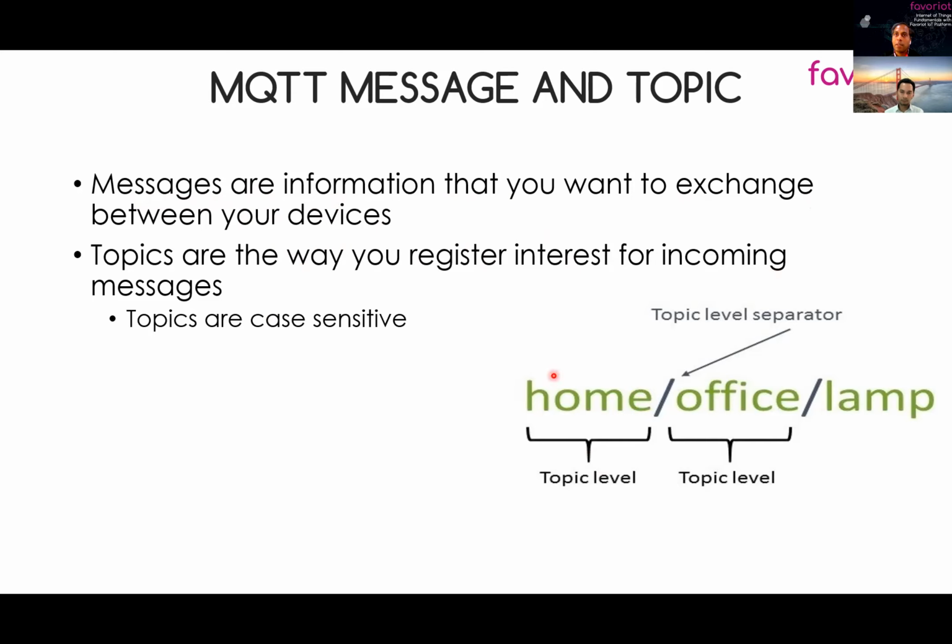For example, in our office building, you say building 1, first floor, room 2, and then /temperature. Topics have different levels separated by a separator: the main topic level, and then subtopics and so on. MQTT topics are case sensitive, meaning home is different from capital H Home.